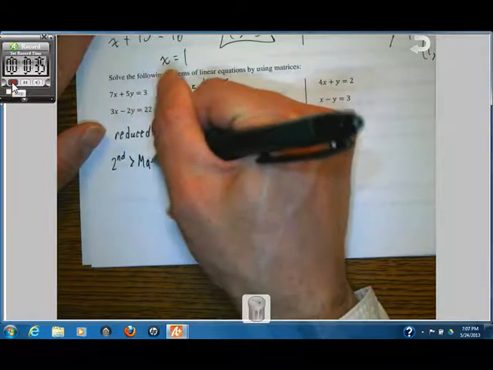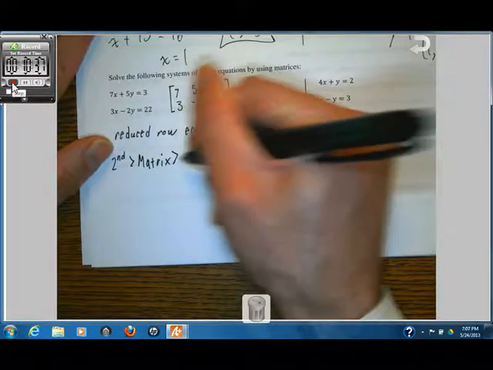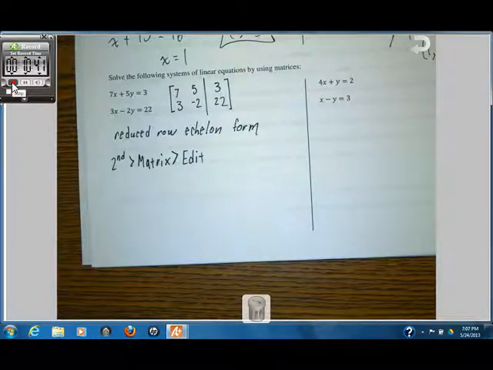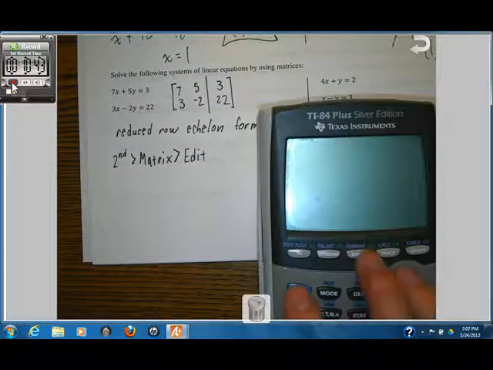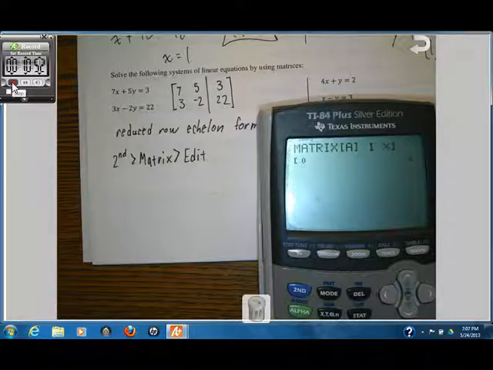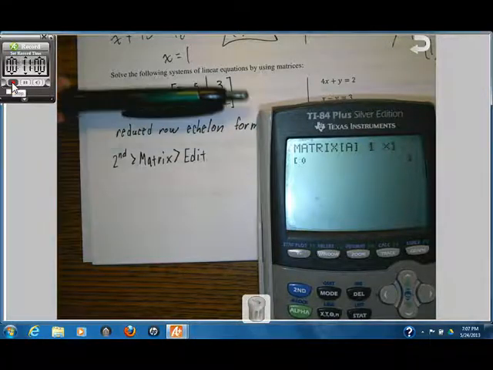Now, a matrix is divided into rows and columns. These are rows. These are columns. So in this case, we have 2 rows, 3 columns. So now we're going to punch our values in. So 7, 5, 3, 3, -2, 22. You have to hit enter after you've entered each element.